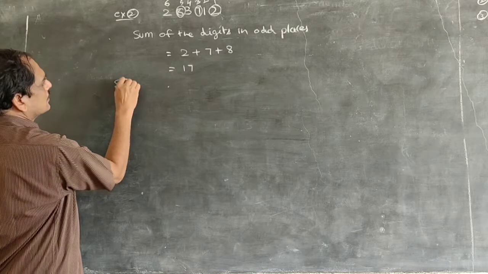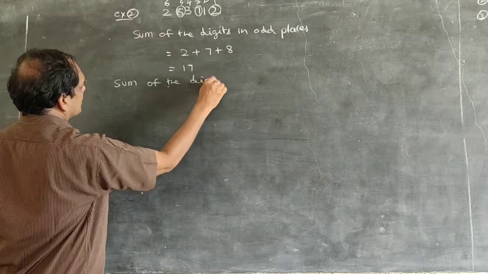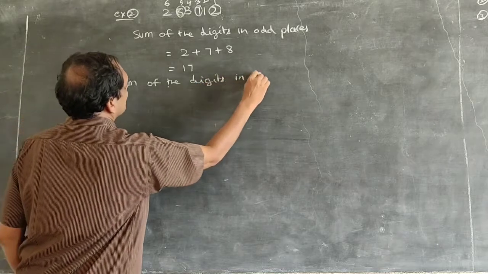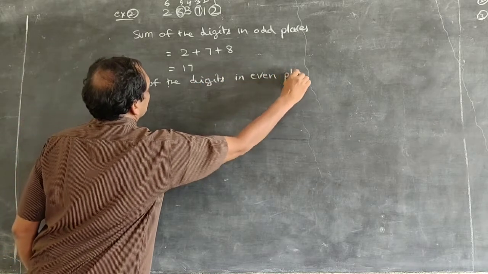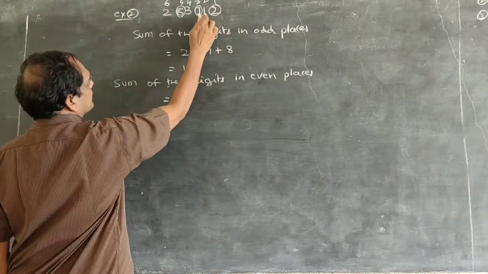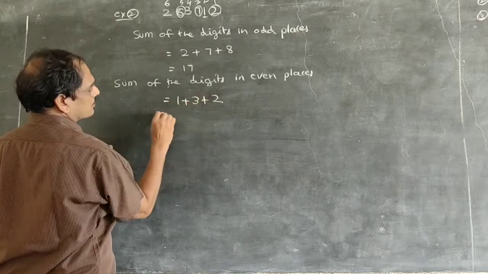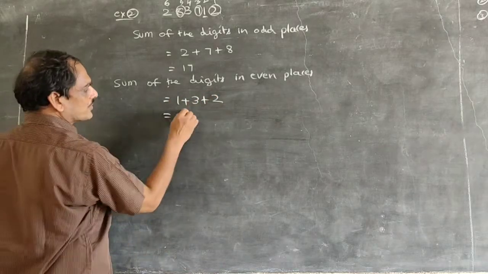Next, the sum of the digits in even places, that is equal to: what are the even place digits remaining? 1 plus 3 plus 2, that is equal to 6.